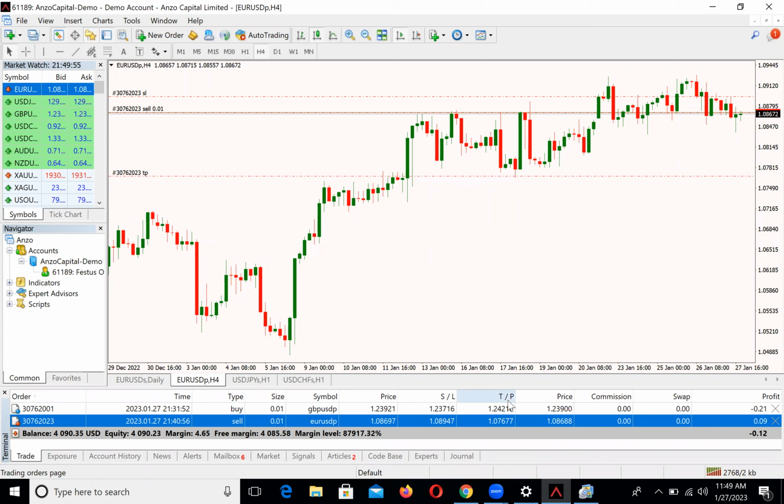While we were buying, to get the stop loss, we had to times the pip value by 10, right? Yeah. And then subtract it from the entry price to get the stop loss while buying. And then for the take profit, the pip value times 10 added to the entry price.